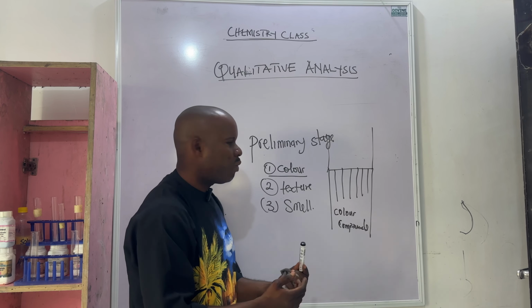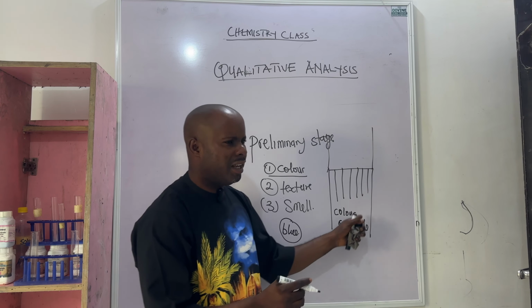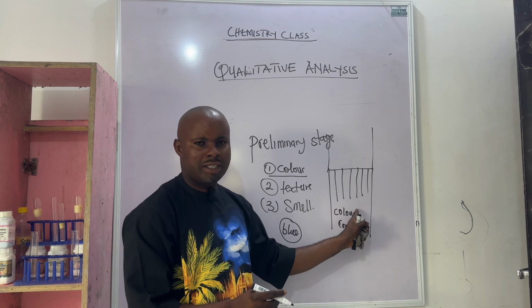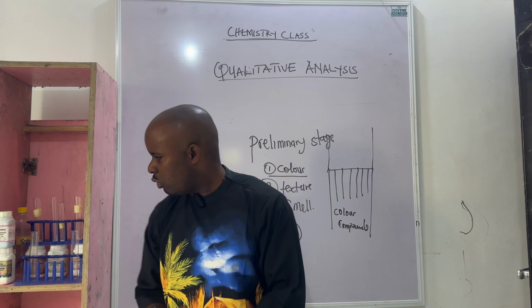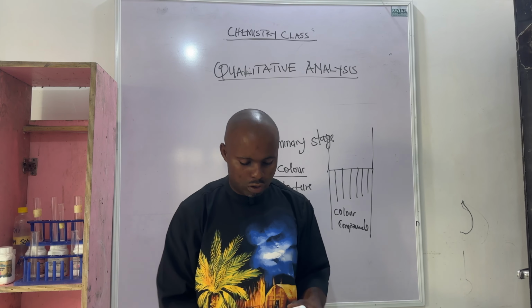For a very good example, when we see a salt that has a blue color, we notice that this family of compounds mostly comes from these transition metals. Let's use this color as an example.